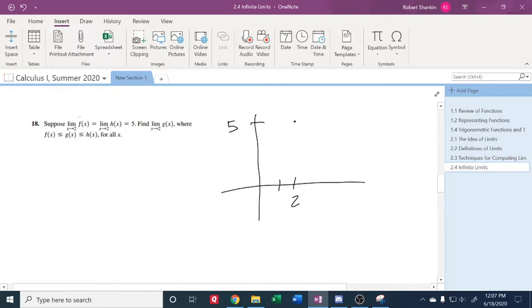We know that the function f and the function h are such, we don't know how they come to this point. Maybe f comes like this. Now, if it did it like this, and then maybe h is coming like this.